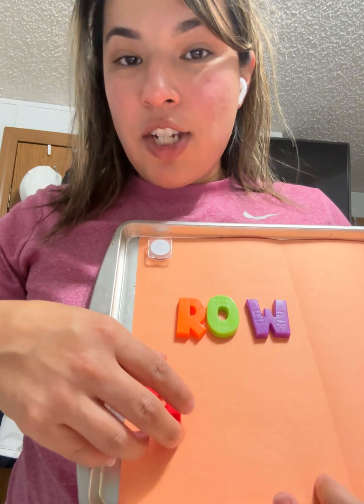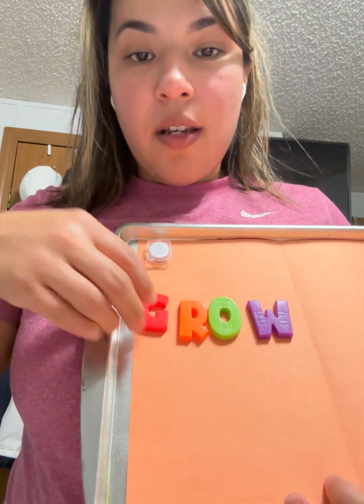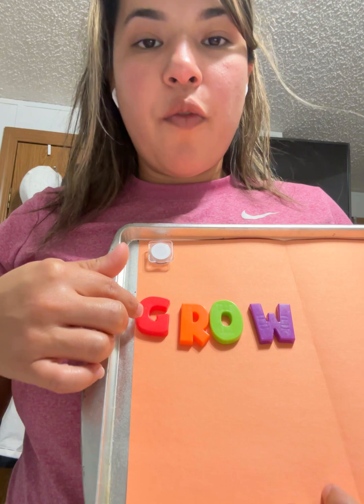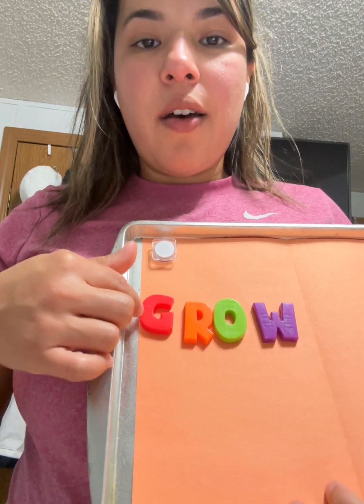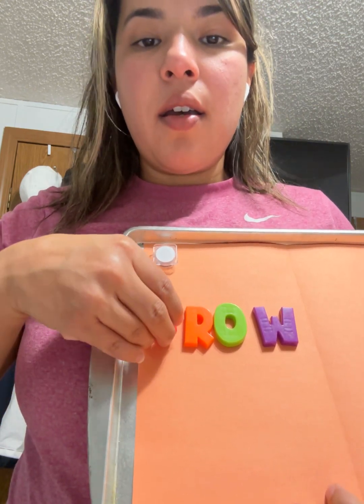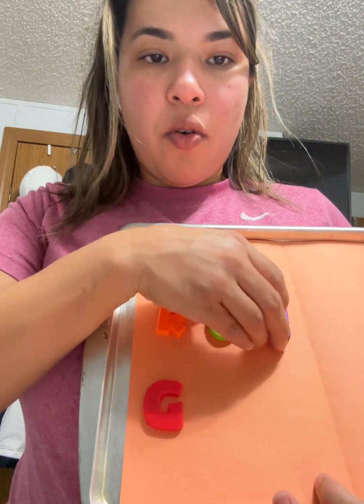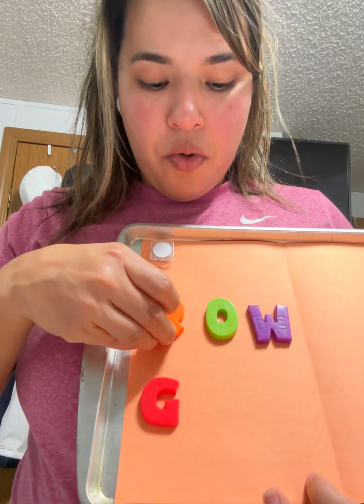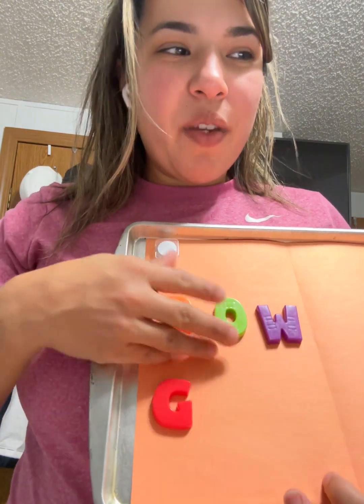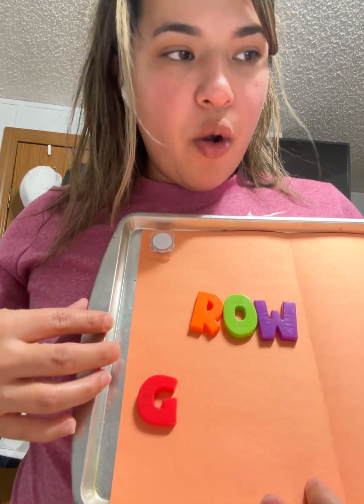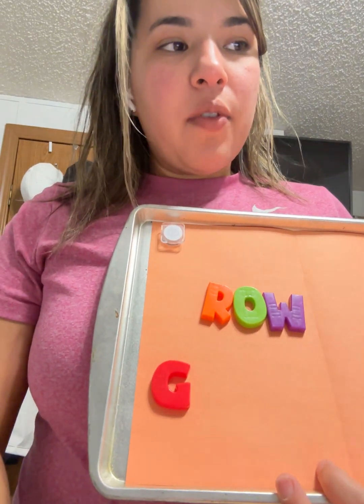Notice that I didn't say the letter G. We're doing a phoneme deletion of the sound G. Now we're left with row. We are left with the new word row. This is a phoneme deletion.